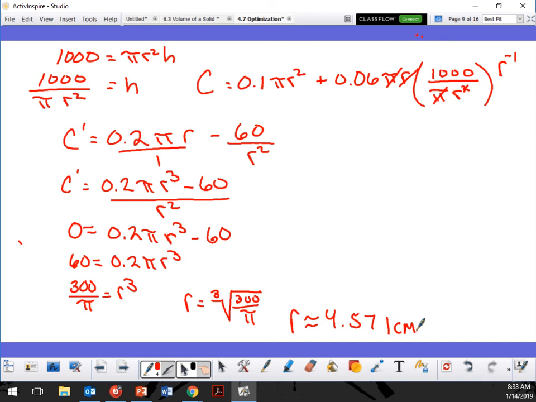Now, what do I need to do to figure out my height? Plug that into right here, right? So we need to figure out the height too. Turn up the brightness.